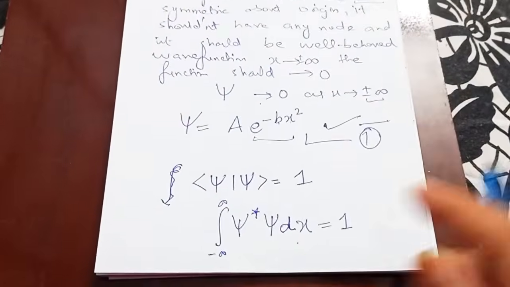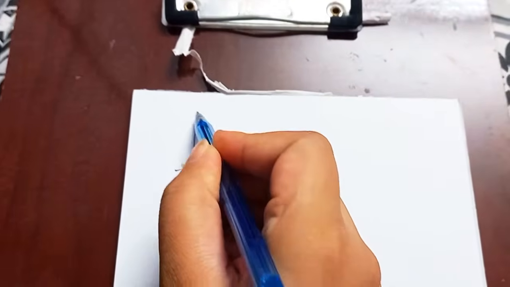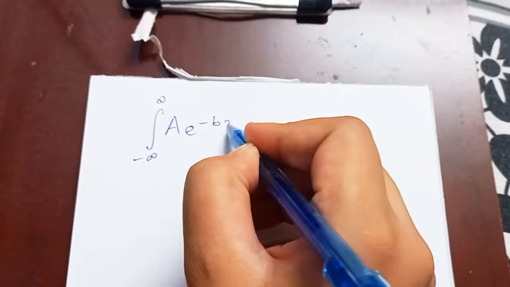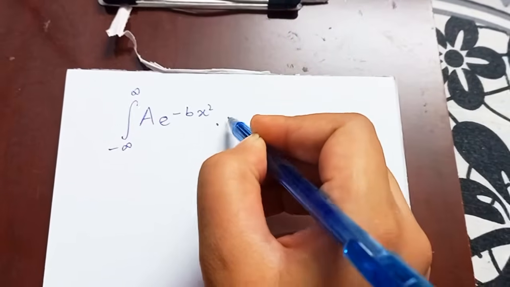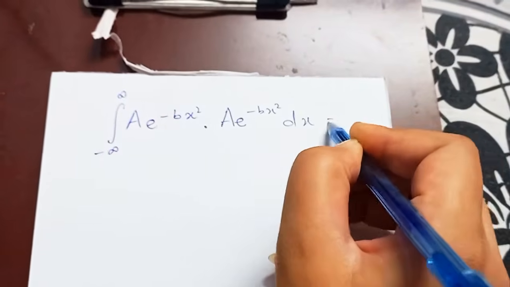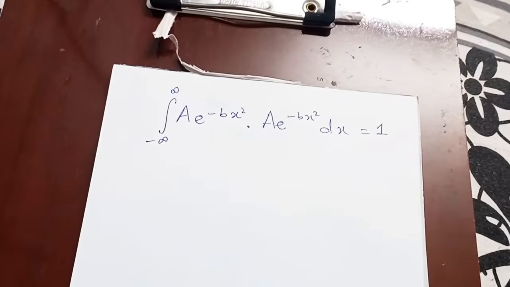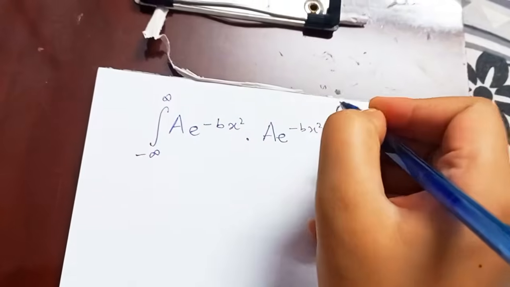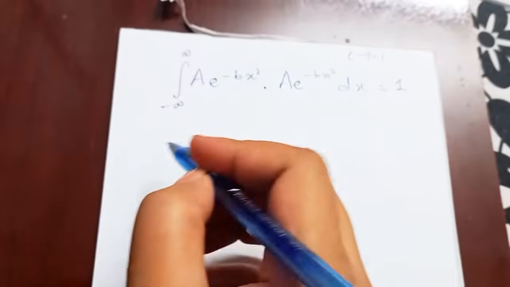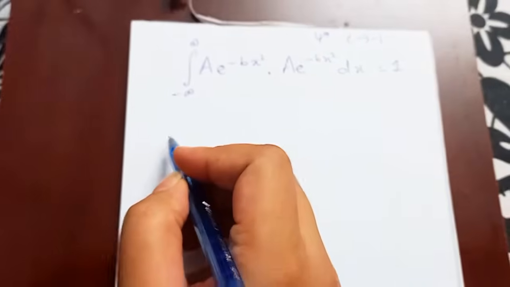So let us put in here, in place of psi star, we'll write a e to the power minus bx square. Then we have psi again, so we'll put psi again, e to the power minus bx square dx equals 1. We can see here it remains the same because there was no iota. If there had been iota, then we would have to change iota to minus iota. Okay, that is how the conjugate works. Star means taking the conjugate of that wave function.